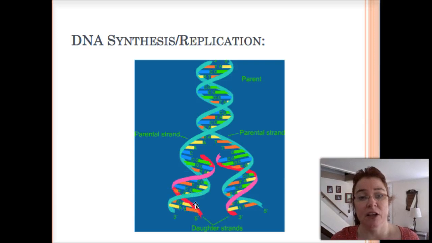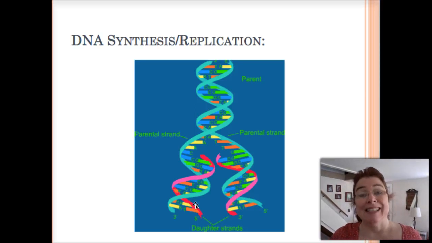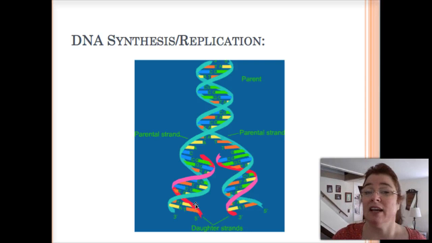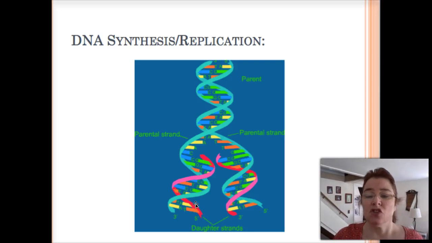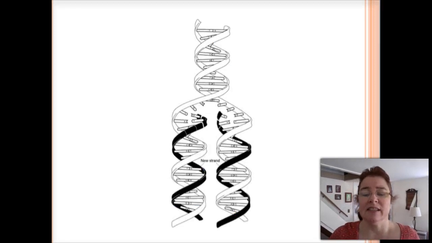Everywhere that there is an exposed T on the parental strand, an A deoxyribonucleotide can come in and bind. Everywhere there's an exposed G, a C deoxyribonucleotide can come in and bind. And slowly, bit by bit, as the double helix unwinds, new bases come in and are added on to this new strand. That process is happening on both of the original strands of DNA. And that's the process of DNA synthesis.